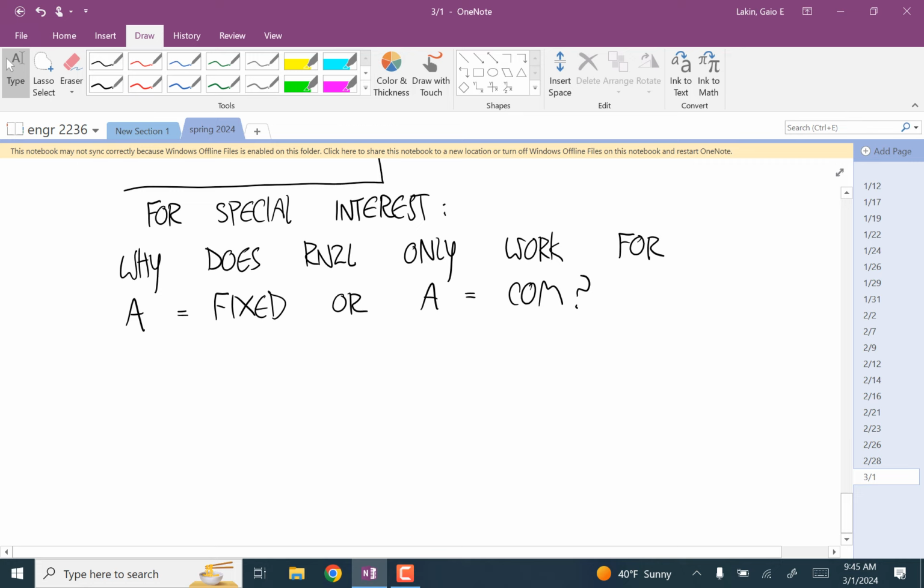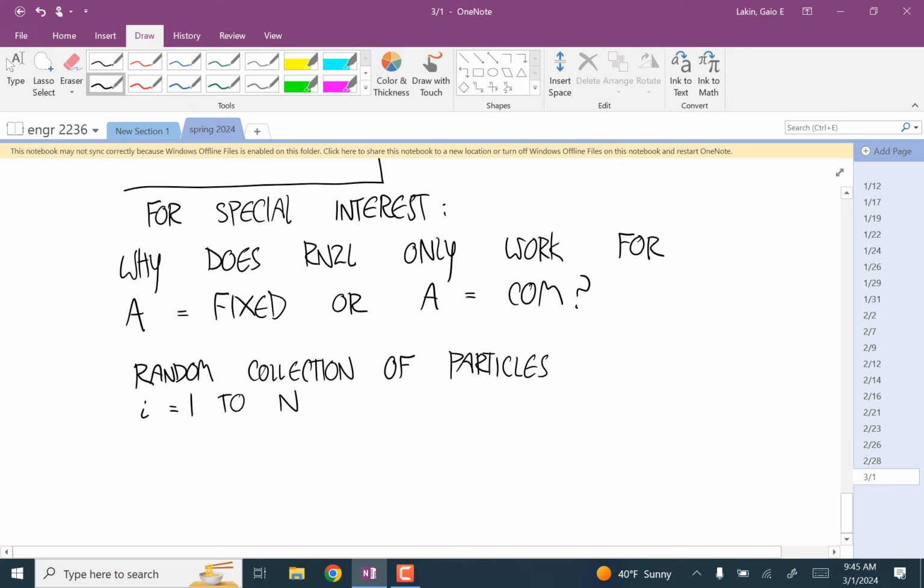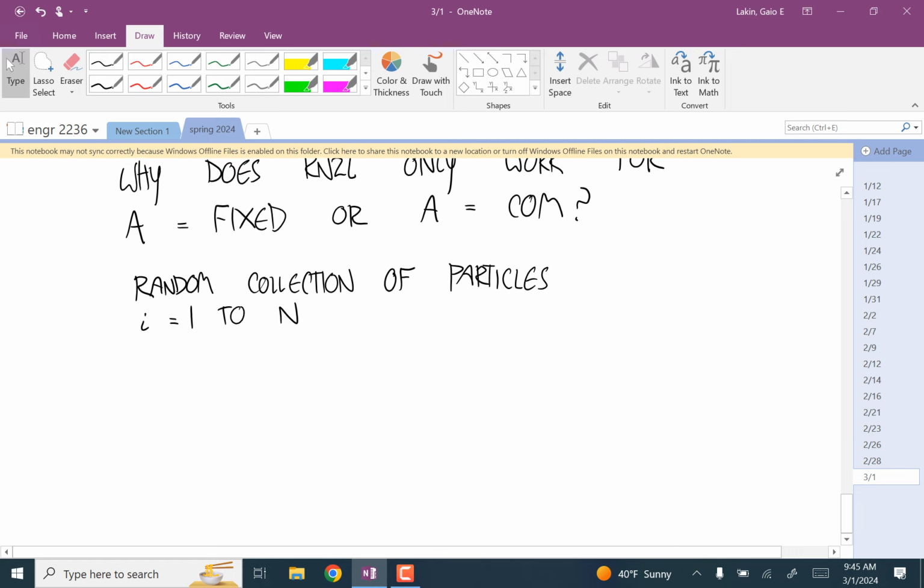Imagine you have a random collection of particles, say i equals 1 to n of these particles. For each one of those particles, we start with Newton's second law.